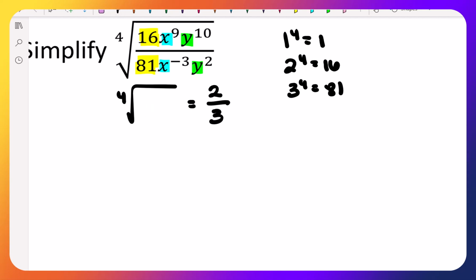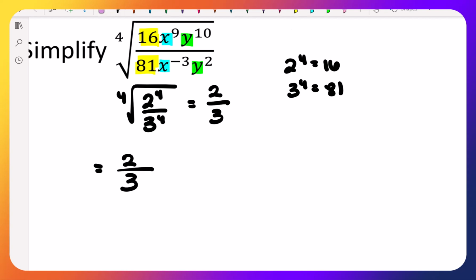Now, in case you didn't follow that, I can rewrite 16 as 2 to the power 4 and 81 as 3 to the power 4. If you take the fourth root of anything to the power 4, it is perfect. So the first part of your answer is going to be 2 over 3.